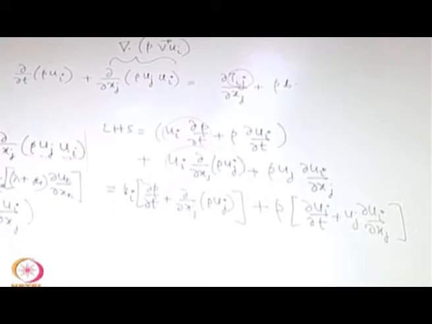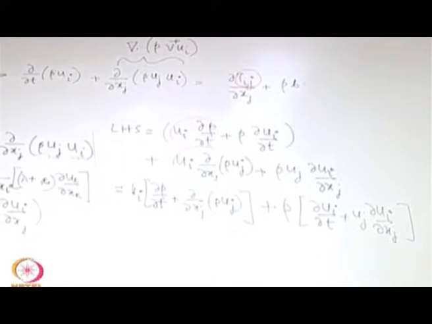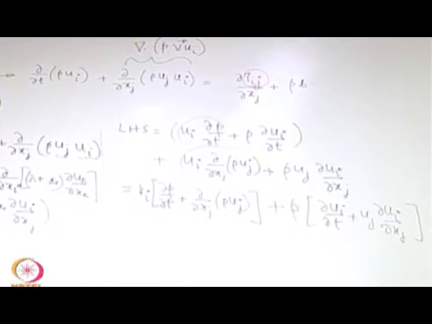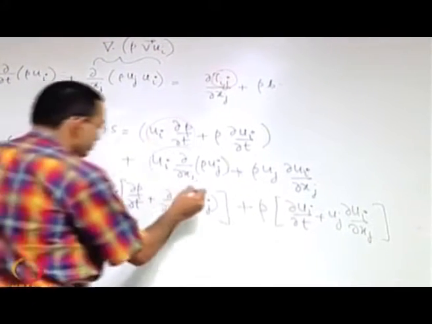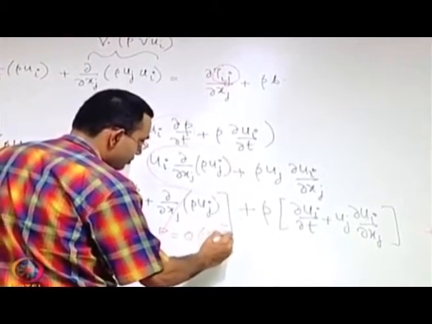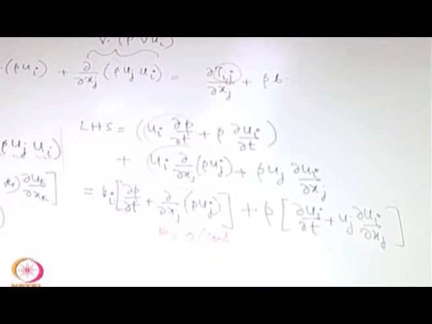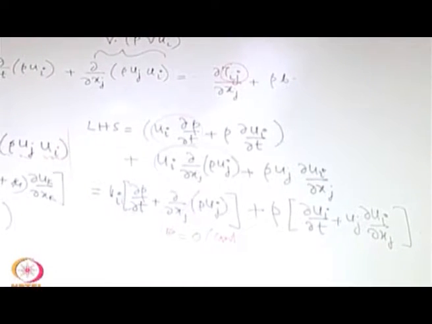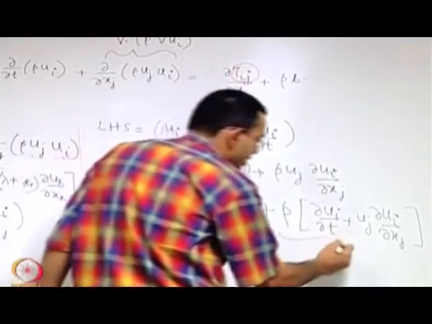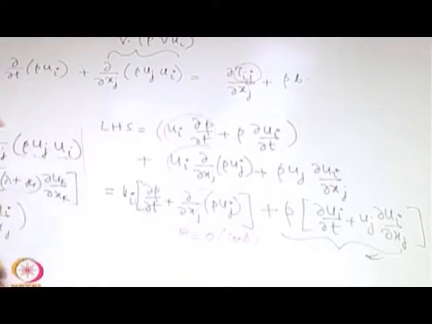Clearly, the first term in the square bracket is identically equal to 0 by the continuity equation. So you come up with a simplified form of the left hand side, which is just the second term that remains.